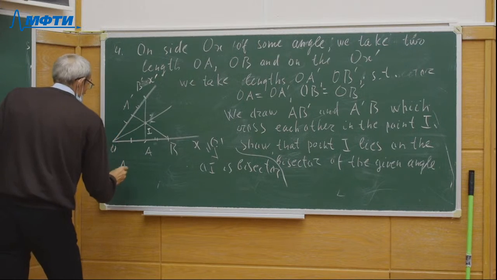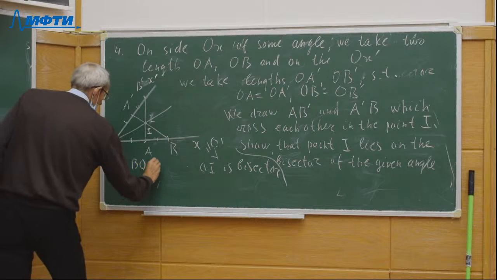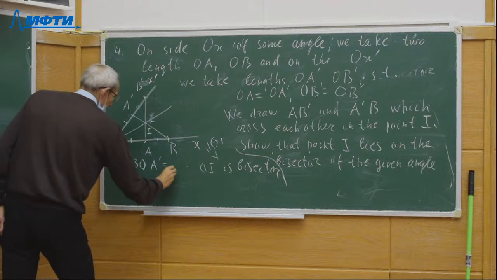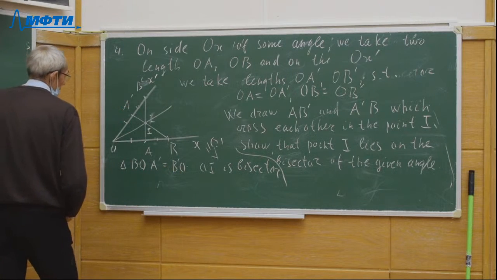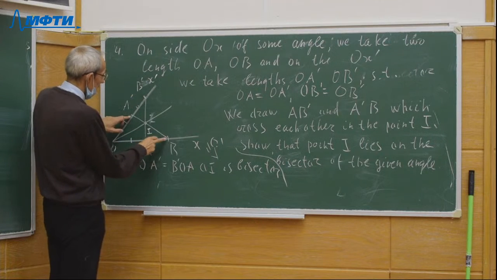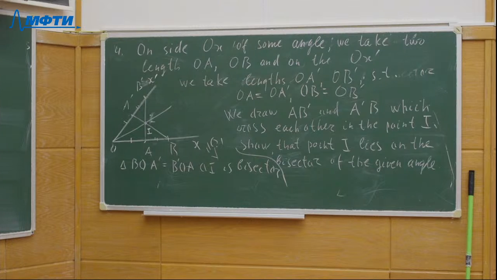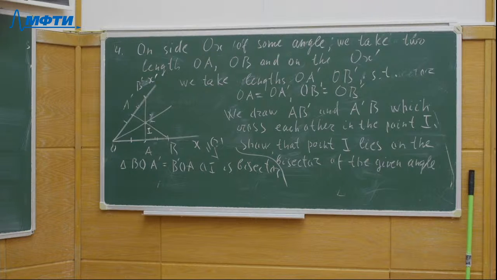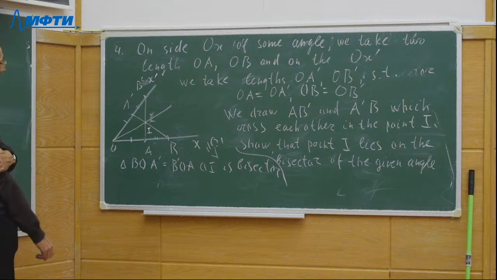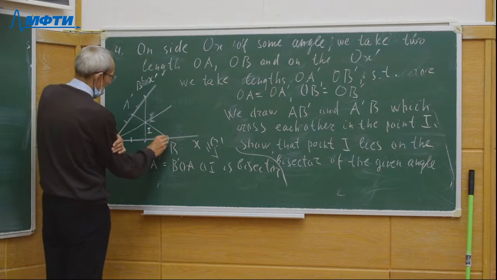And we can write down that triangle BOA prime is equal to B prime OA, and this segment equals this segment. Okay. And this angle equals this angle.